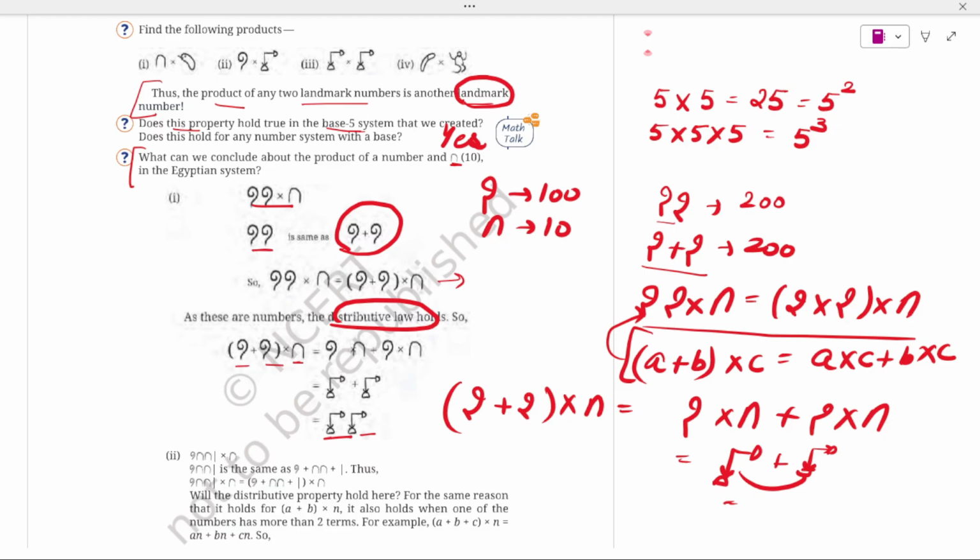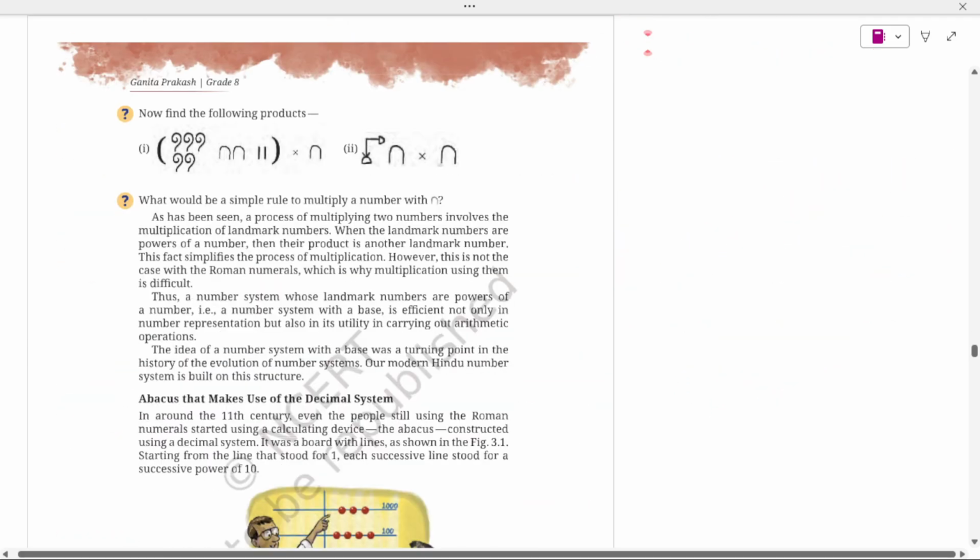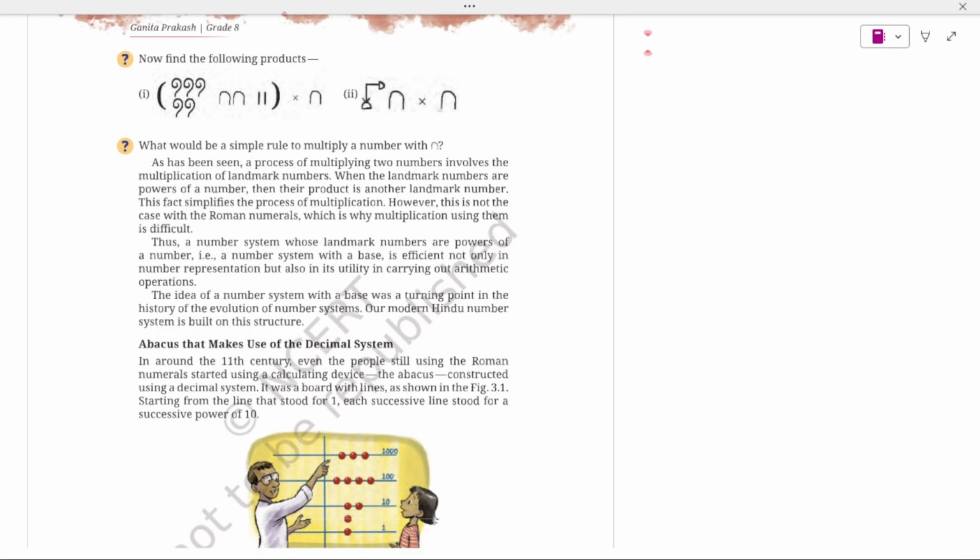So they have introduced us to the distributive property here. Now find the products, the given products that you need to find. Here we have 500, two tens. They are further multiplied with this.